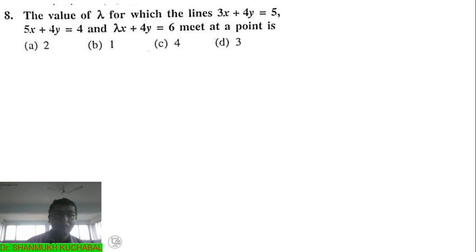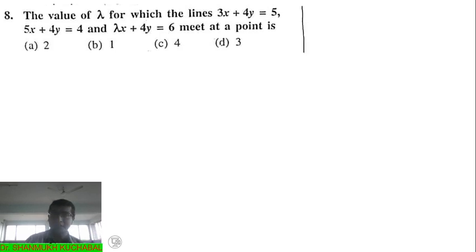The value of lambda for which the lines 3x plus 4y equal to 5, 5x plus 4y equal to 4 and lambda x plus 4y equal to 6 meet at a point. So here we use determinant notation.